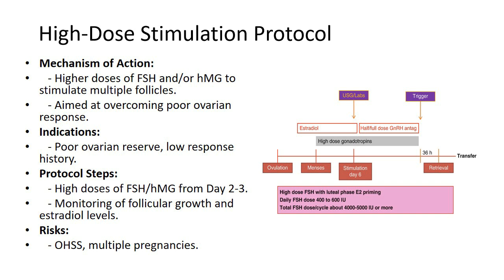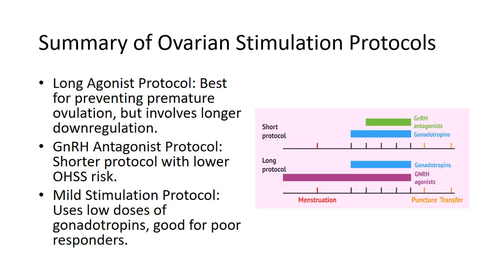PCOS, high antral follicle count, risk of OHSS: GnRH antagonist with low-dose gonadotropins. Unexplained infertility, IUI candidate: clomiphene/letrozole plus FSH. Recurrent IVF failure: modified or mini IVF.